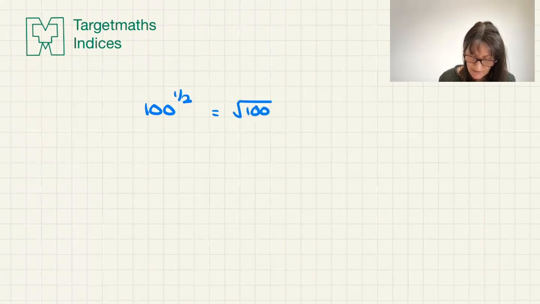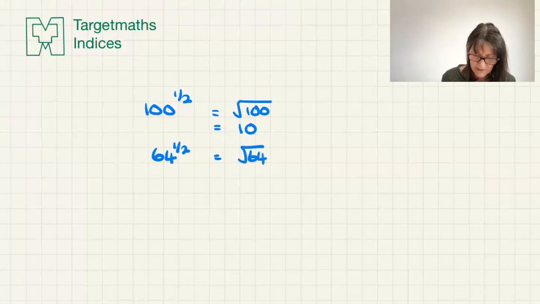And the square root of 100 is 10. Okay. 64 to the half. Okay. That is going to give us a square root of 64, which is going to give us 8.